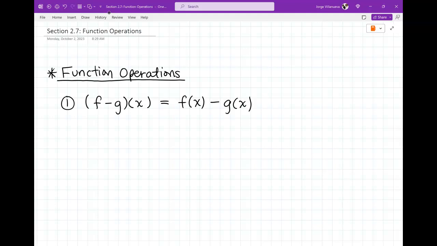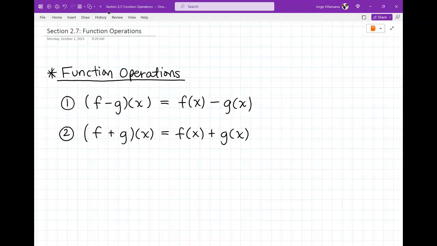Okay. Second one is the addition portion of it. So if they tell you get f plus g of x, they're telling you get the function f and the function g and add them together. So f of x plus g of x. So there's that function operation.